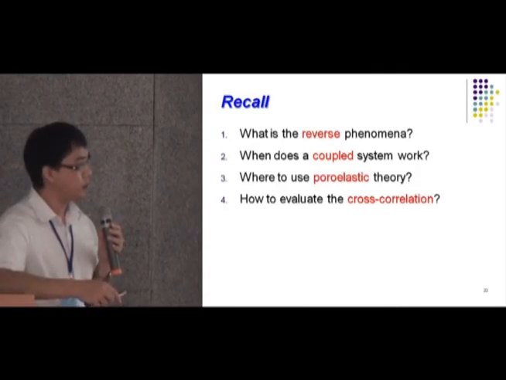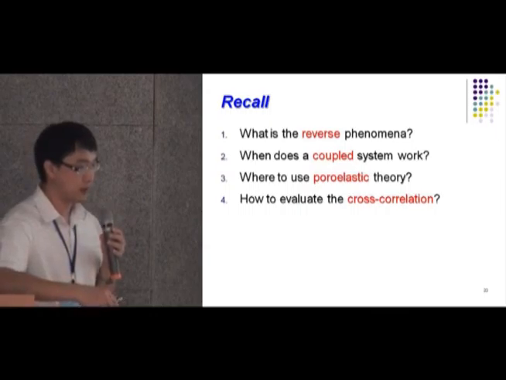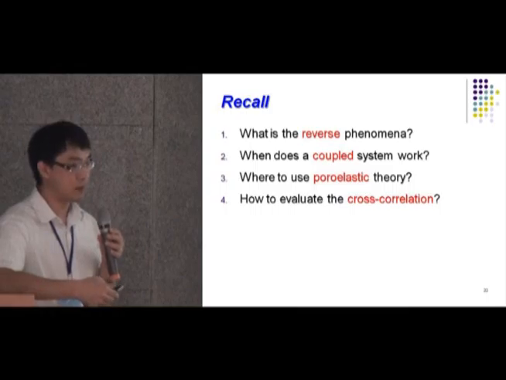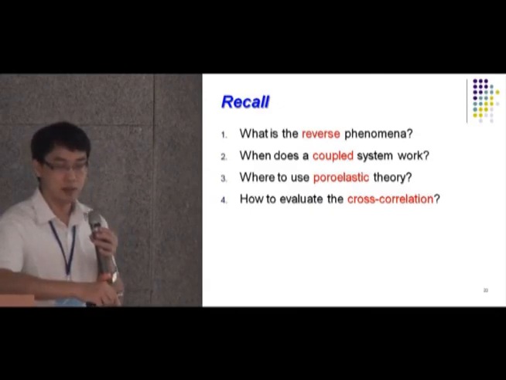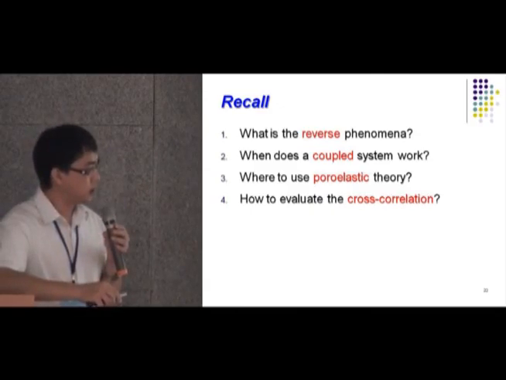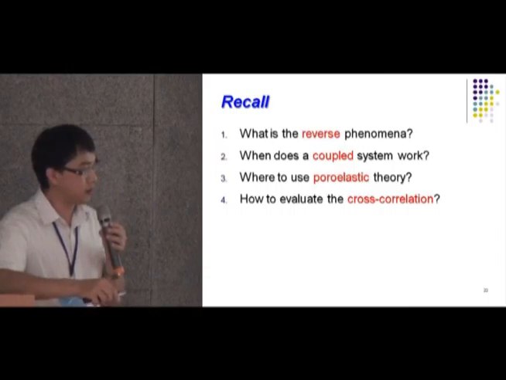And the second is when a coupled system works. From the references, they say that the coupled system should be observed under a multi-dimensional condition. However, in our case, just a one-dimensional case, we can also see the coupled behavior. And the third is where to use poroelastic theory.